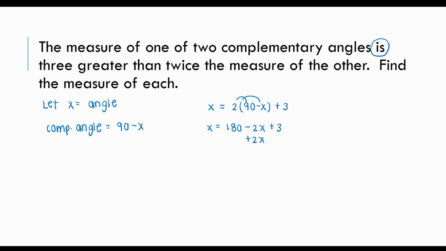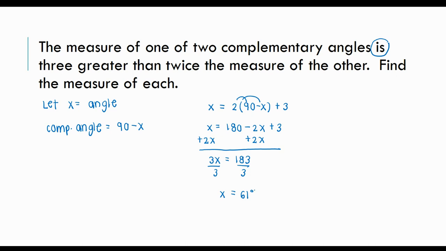I'm going to add the 2x over to the other side. So now I have 3x equals, and then I've got 180 plus 3. So I've got 183. And so then 183 now has to get divided by 3. And so we get x to be 61. So since x is representing the angle, that's one of the angles.